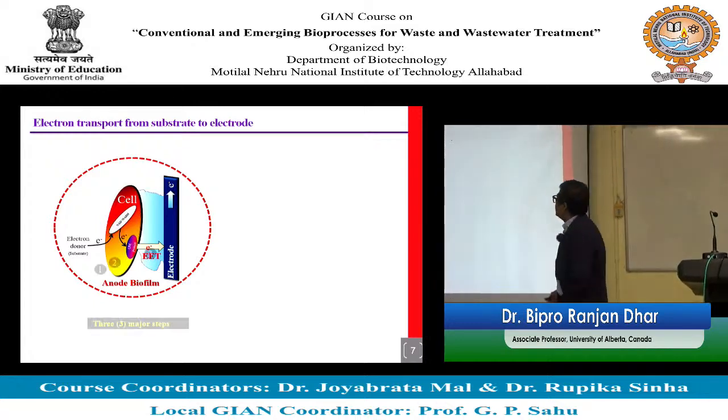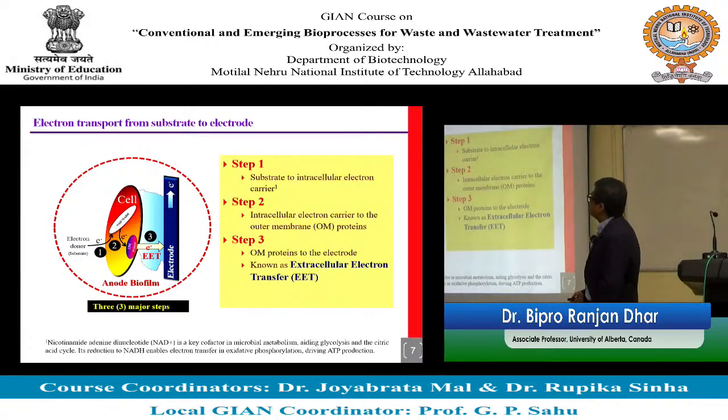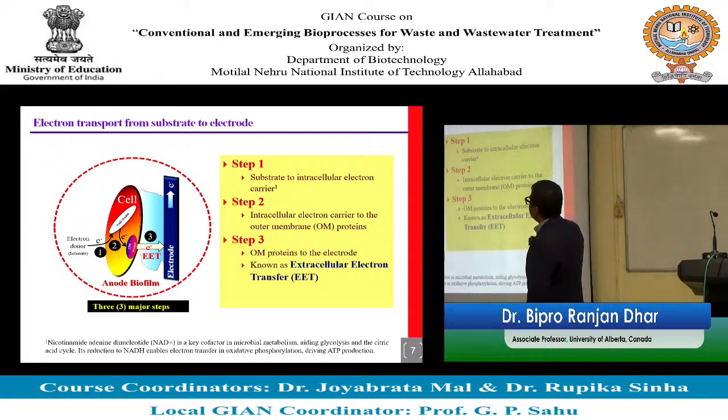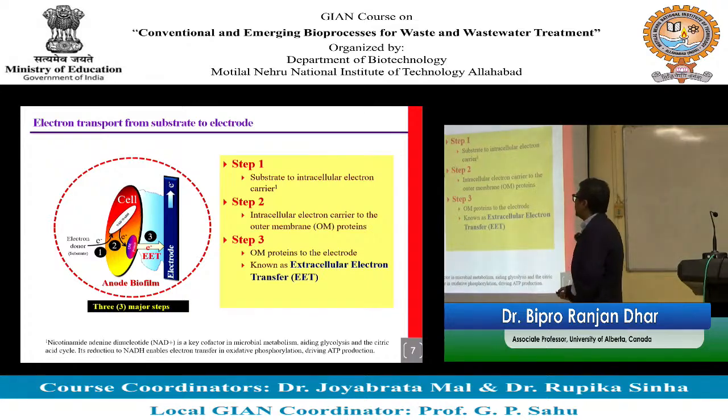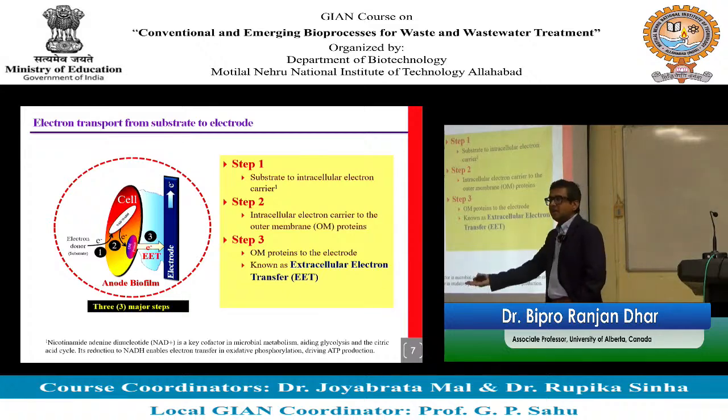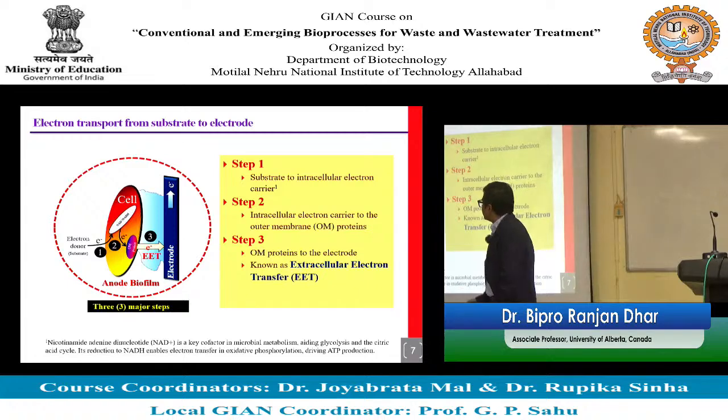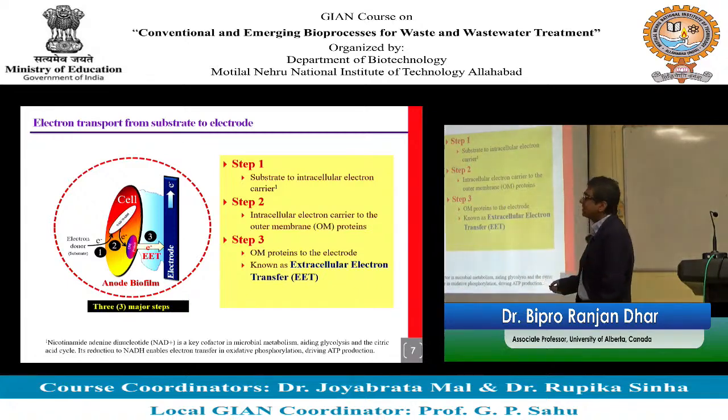So here you can see there are three major steps involved in electron transfer from electron donor to the electrode surface. For example, in the first step, the microbe oxidizes the electron donor and releases electron, and then the intracellular electron carrier NAD+/NADH, which is a redox cofactor that can act as an electron carrier, transfers the electron to the outer membrane protein, which is part of the microbial electron transport chain system, or ETS.